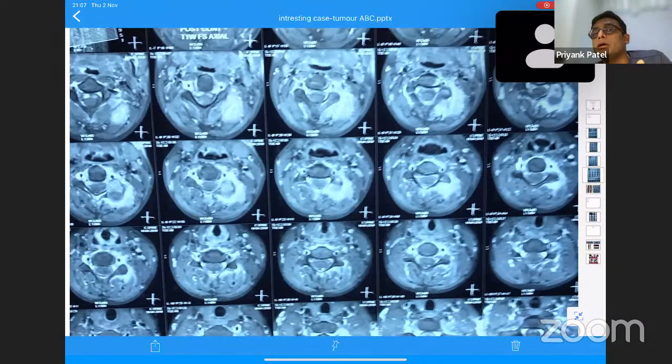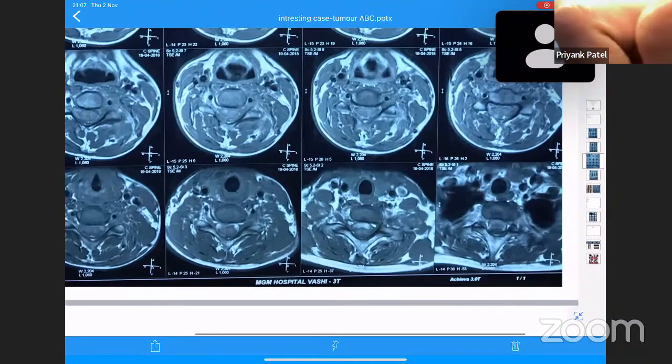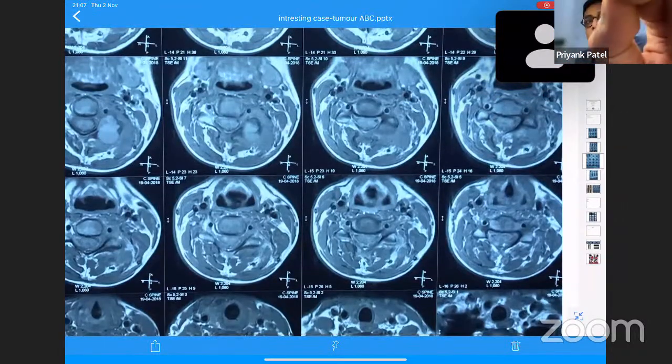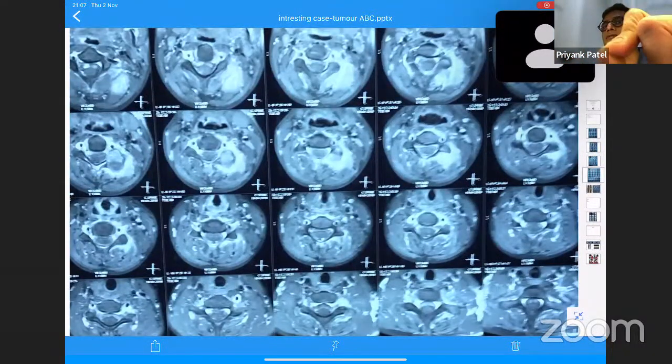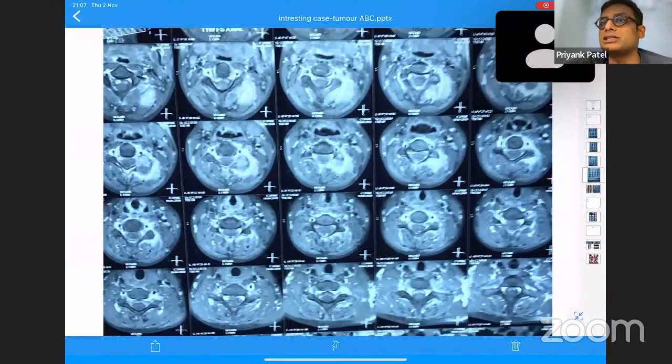For example, here, in the T1 weighted image, you will see a mass and muscles around. You are not very sure how much of that muscle is infiltrated. But as soon as you see a contrast scan, you can see very well that the muscle and the lesion are completely different. There's no infiltration of the muscle with the tumor. So if you're suspecting tumor, it's worth doing a contrast scan day one.